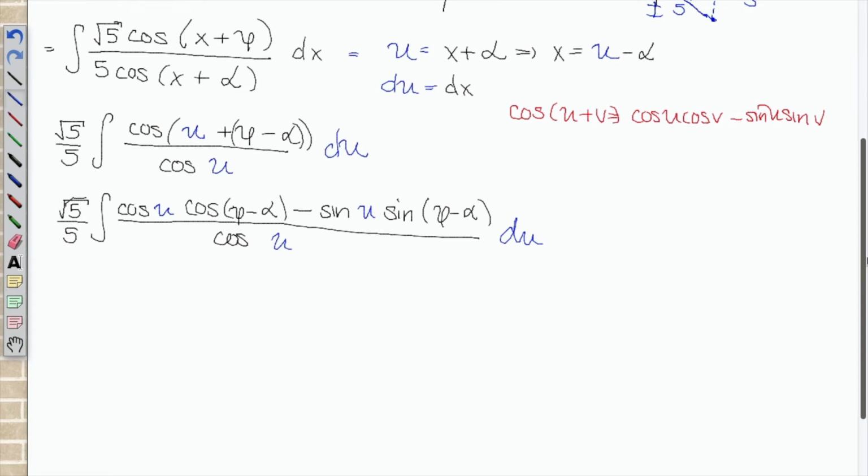From there, we can split this off and distribute the integral sign, so the integral sign gets distributed there, and the du gets distributed here and there.